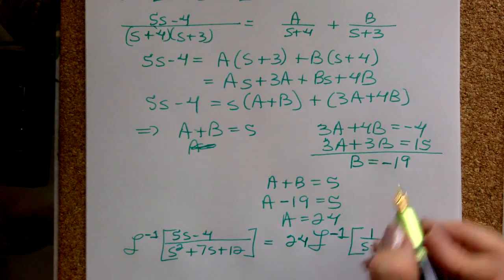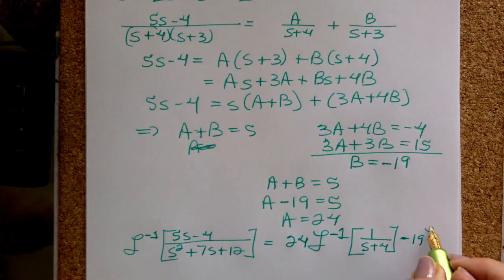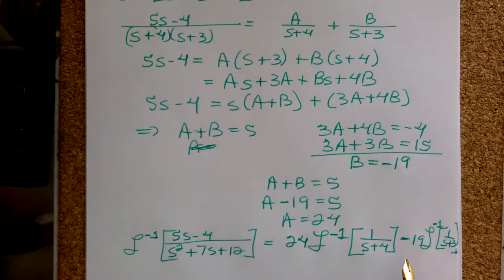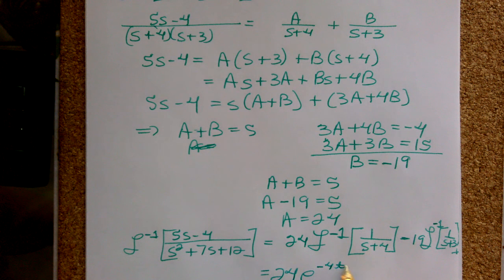And then B is minus 19, so I'll put that minus 19 out in front, times the inverse Laplace transform of 1 over s plus 3. If you look up 1 over s minus a in the table, you get e to the at. And so this is going to be 24 e to the minus 4t minus 19 e to the minus 3t.